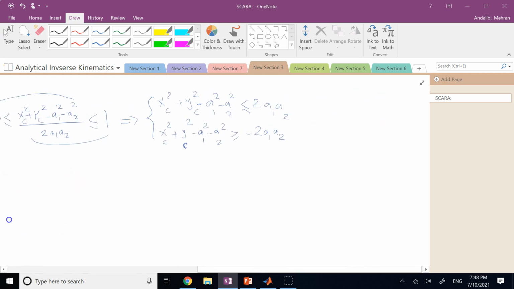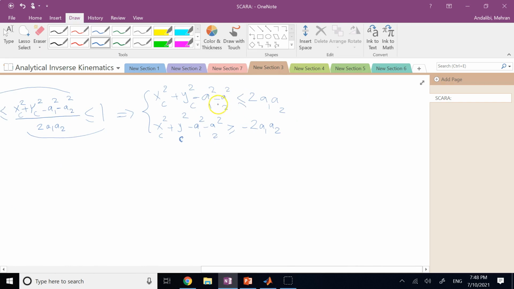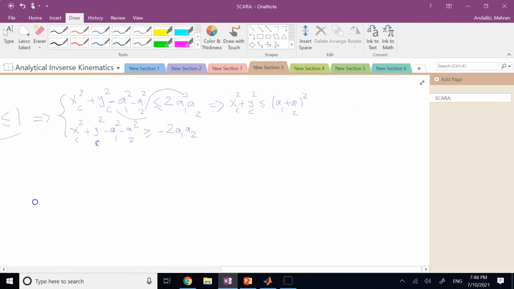Correct? So these are what I will get. And here, if I take my a1 squared and a2 squared to the other side, you will get that xc squared plus yc squared is less than or equal to the whole thing a1 plus a2 squared, because that's a1 squared plus a2 squared plus 2a1a2.